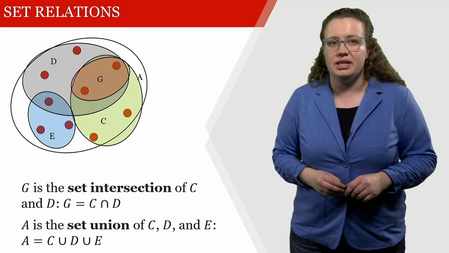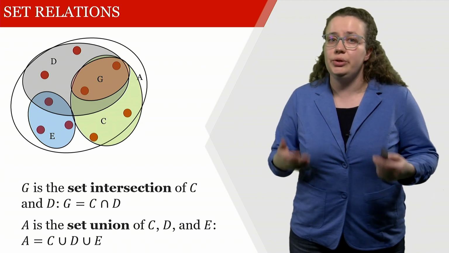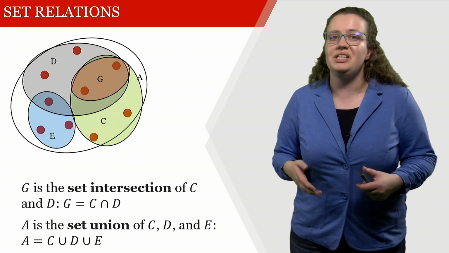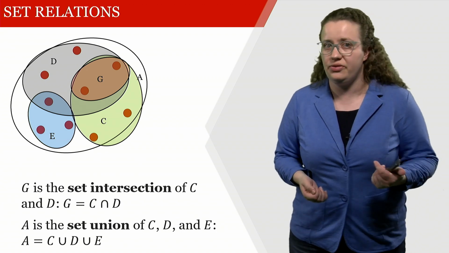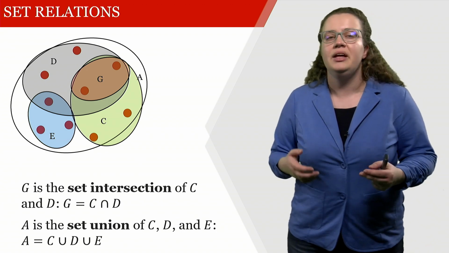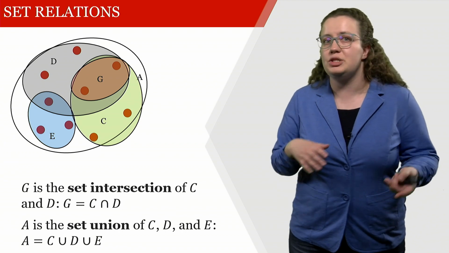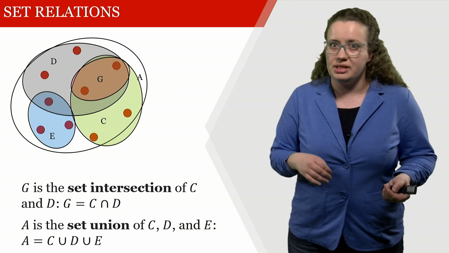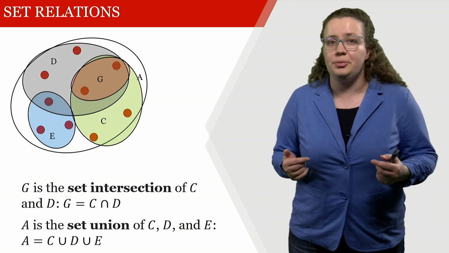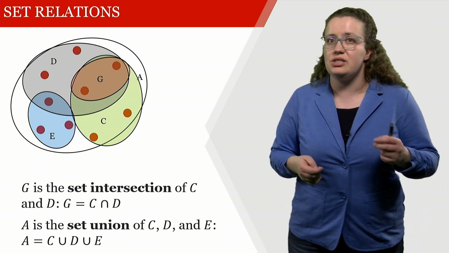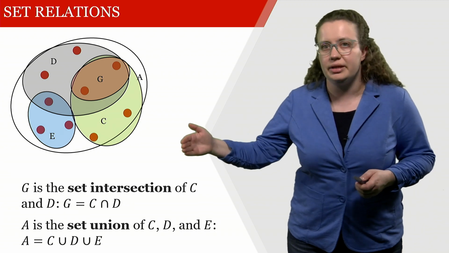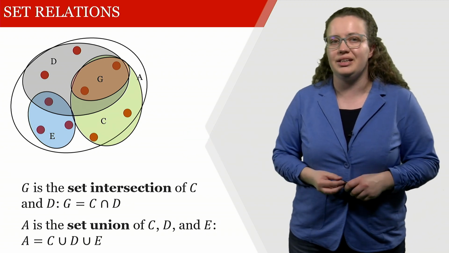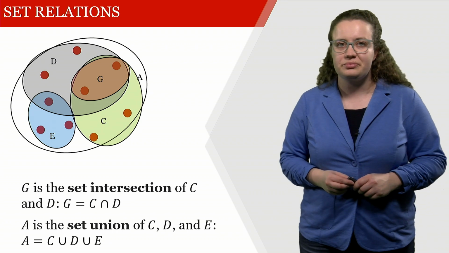We also see that A is the set union of C, D, and E, which means that there's no node in C, in D, or in E that is not also in A. It is possible that there's nodes that are in A but not in C, but it's not possible that there's a node in A that is not in either C, D, or E. So it's a bidirectional thing here with the equality, obviously.